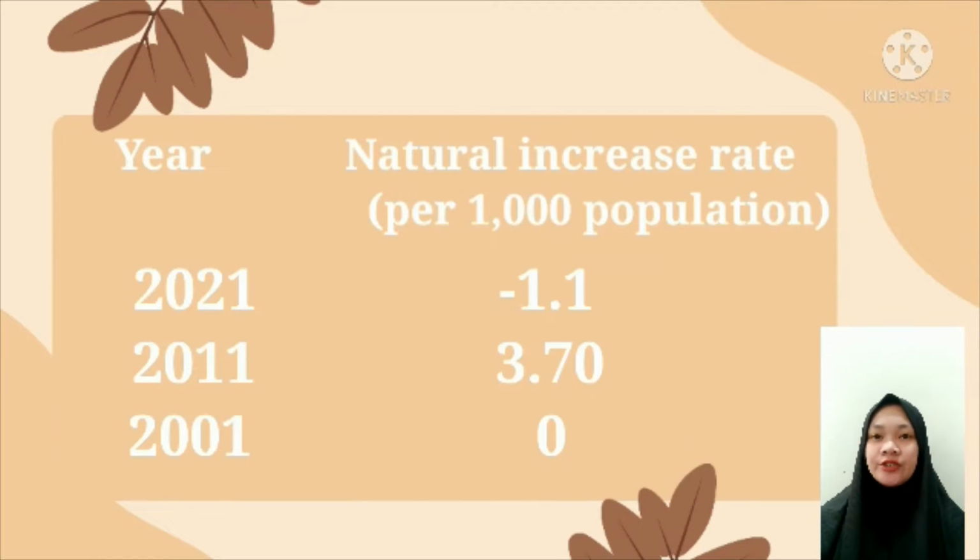The rate of natural increase refers to the difference between the number of live births and the number of deaths occurring in a year divided by the mid-year population of the year multiplied by a factor, usually 1,000. The year 2021 natural increase rate per 1,000 population was negative 1.1, and the year 2011 natural increase rate was 3.70, while 2001 is 0.